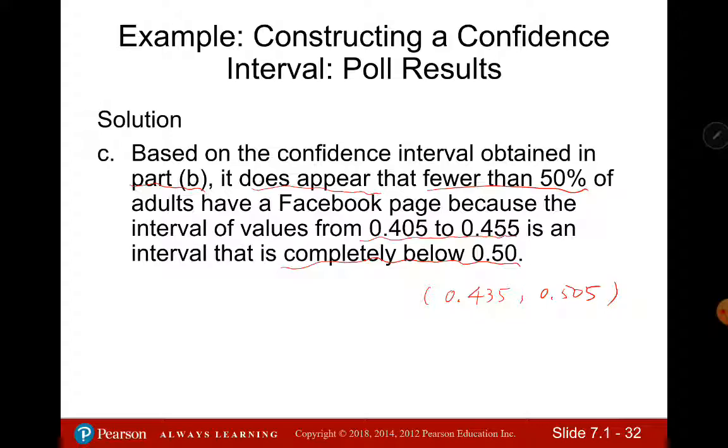This time, part of the confidence interval is below 0.5, but part of the confidence interval is above 0.5. So if this is the case, we could not safely conclude fewer than 50%. In our example, we can safely conclude because the whole interval is below 0.5. So make sure you understand it.